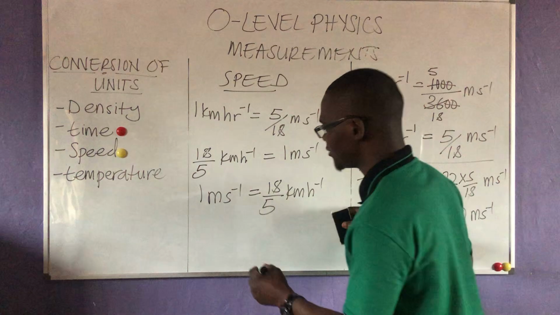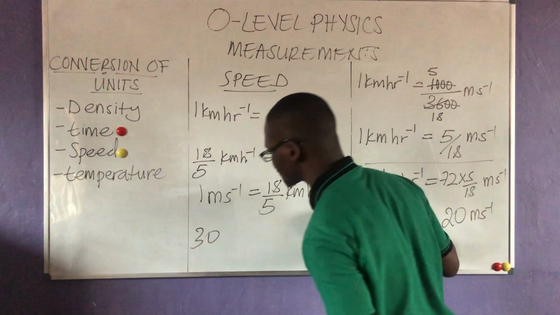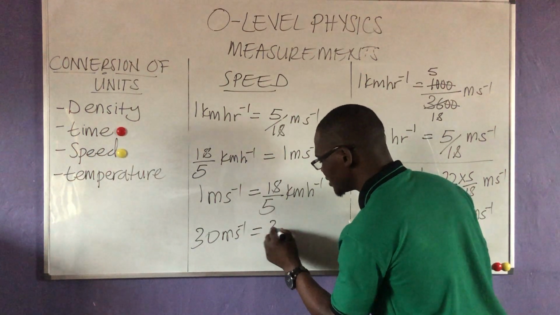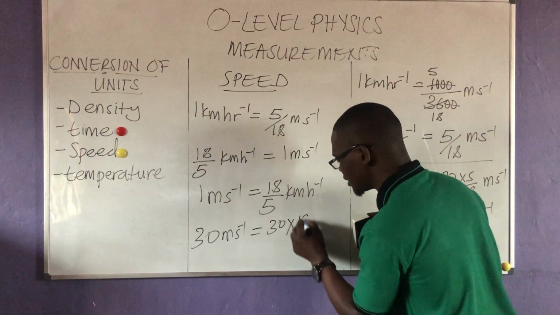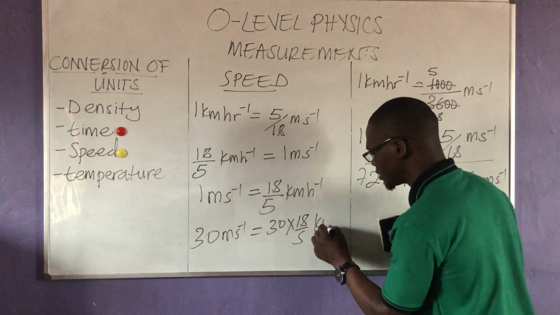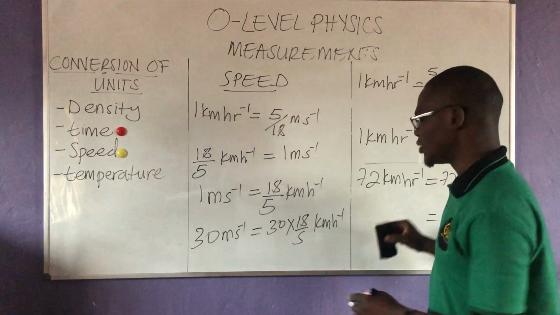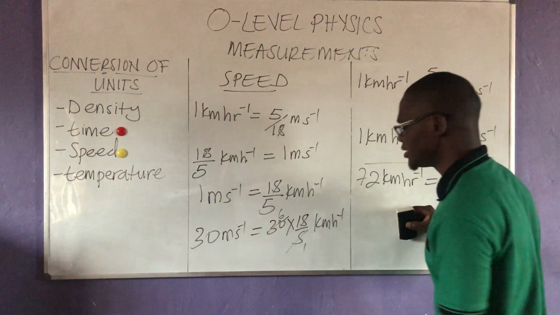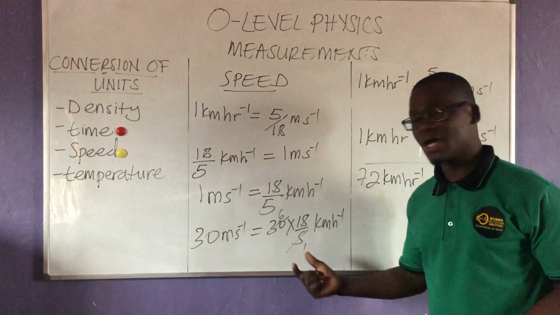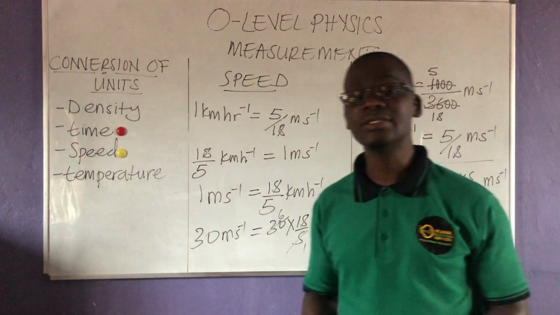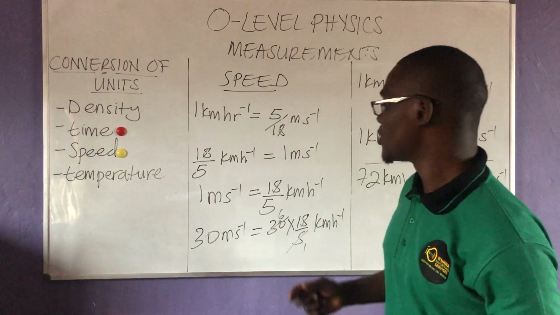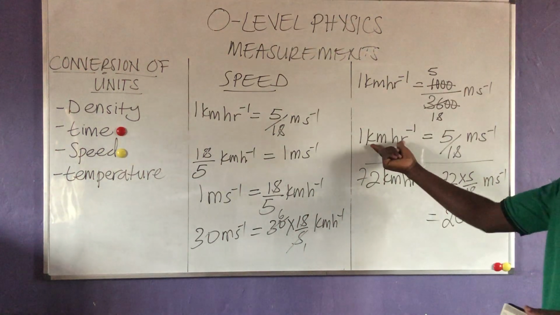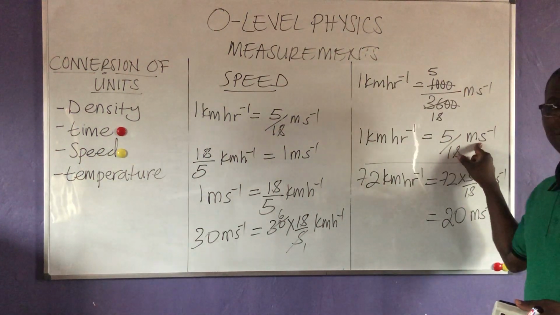For instance, if I have, let's say, 30 meter per second, this is the same as 30 times 18/5 in kilometer per hour. And when we reduce, this is 5, this is 1, this is 6. 18 times 6, you will get the answer. So that is how we shall always convert from meter per second to kilometer per hour, or from kilometer per hour to meter per second.